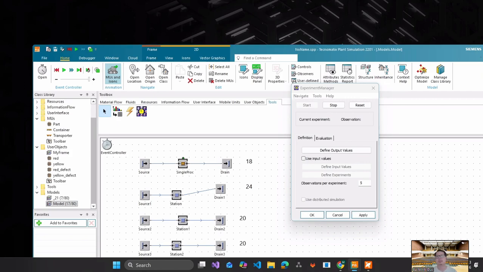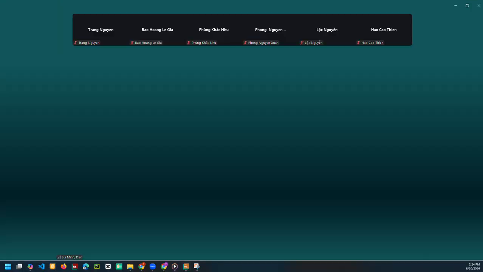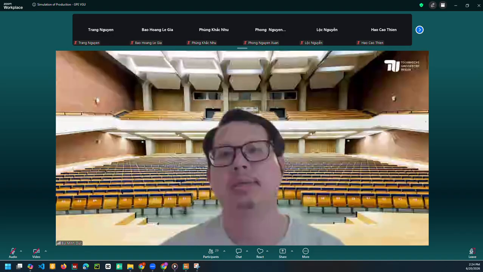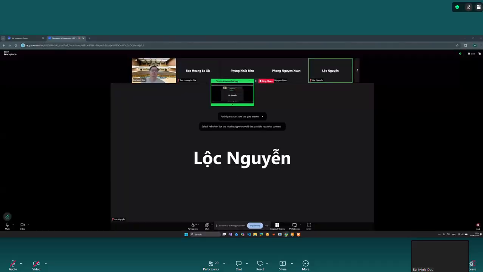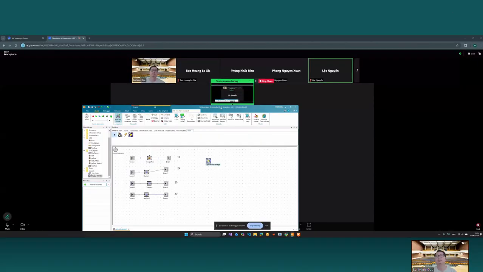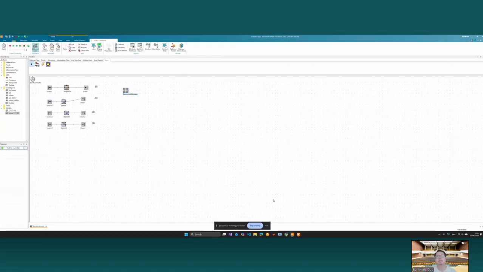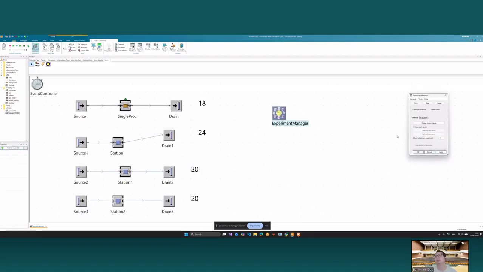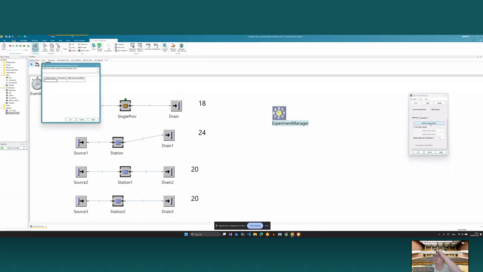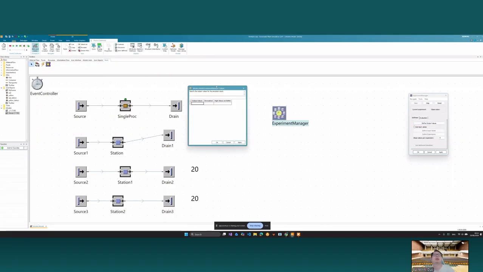Okay, sorry, I need to stop sharing and push to another screen. Stop sharing, share my screen. This one. Okay, define output. Okay, now there is a window.